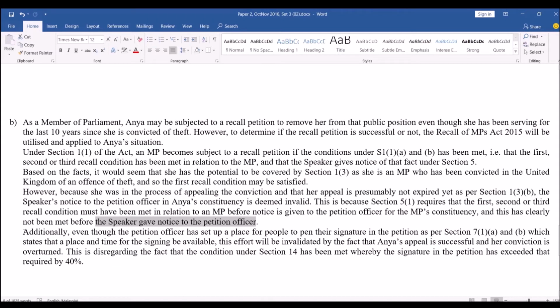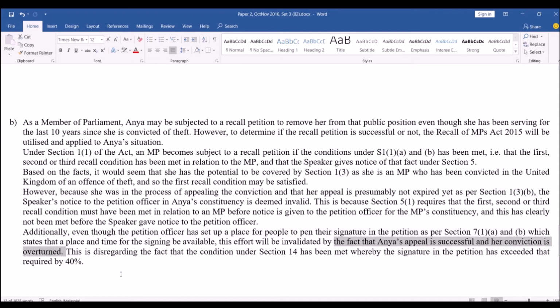And additionally, the last part is regarding Section 7 sub 1 sub A and B, concerning the place and time available for signing. And finally, Section 14, concerning the number of signatures. But disregarding this, she still will remain as an MP because of the fact that Anya's appeal is successful and the conviction is overturned.